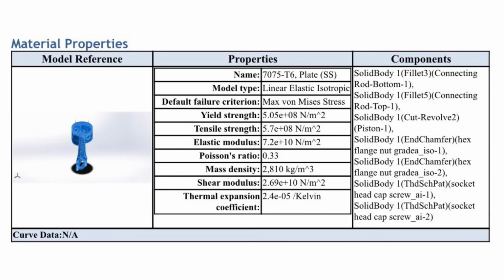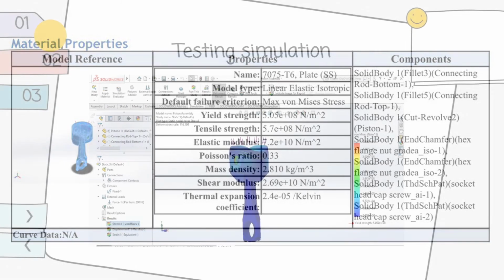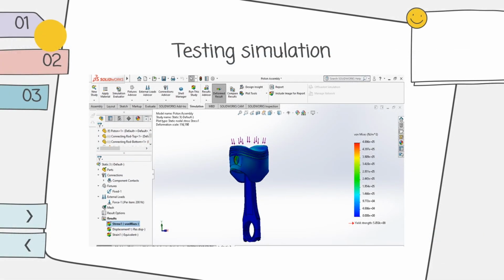To do this analysis, we are choosing aluminum alloy as the material, and these are the material properties. The mass density of this part is 2.81 kg per meter cube. And here is the testing result simulation for this part. So here the first result is the stress result on this part.